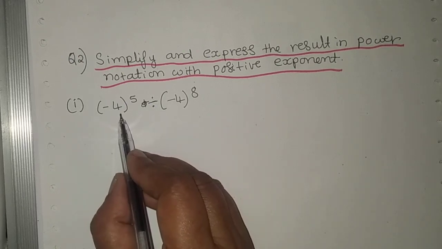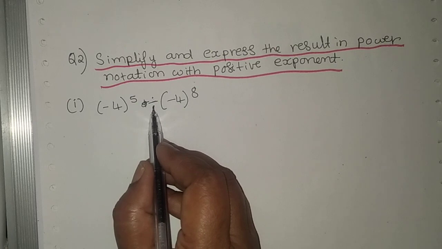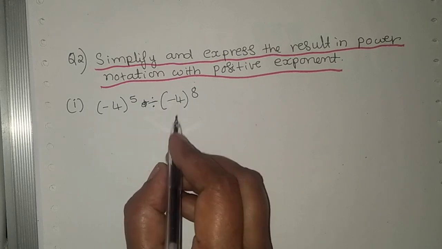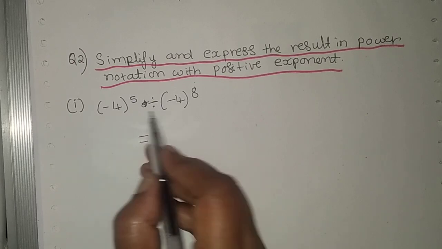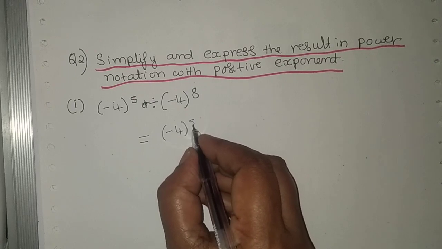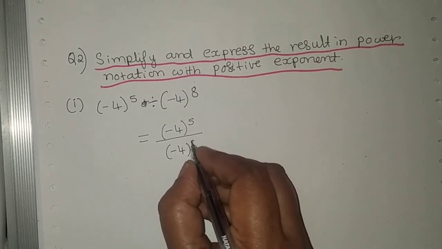First one, they have given (-4)^5 divided by (-4)^8. So first what we do, write down like this, (-4)^5 by (-4)^8.